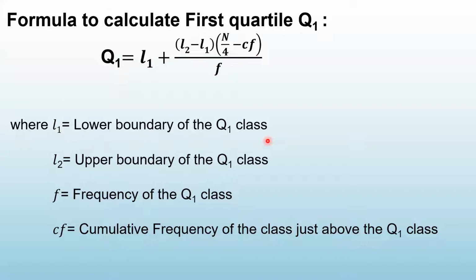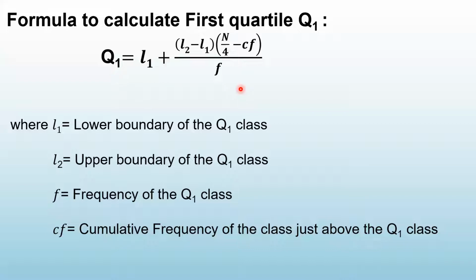L1 is the lower boundary of the Q1 class, L2 is the upper boundary, F is the frequency of the Q1 class, and CF is the cumulative frequency of the class just above the Q1 class. Okay, so this way we calculate the value of Q1 for continuous type of data.